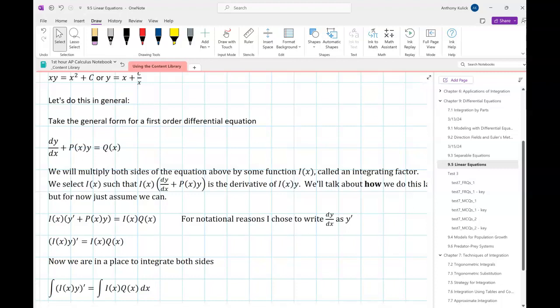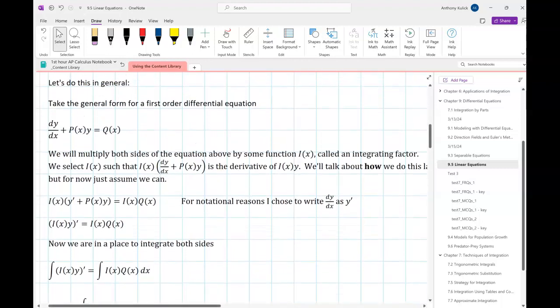We'll select that I of x such that I of x times dy/dx plus p of x times y is the derivative of I of x times y. We'll talk about how to find that I of x here in a moment. Just for the sake of argument right now, just trust that we can do this.